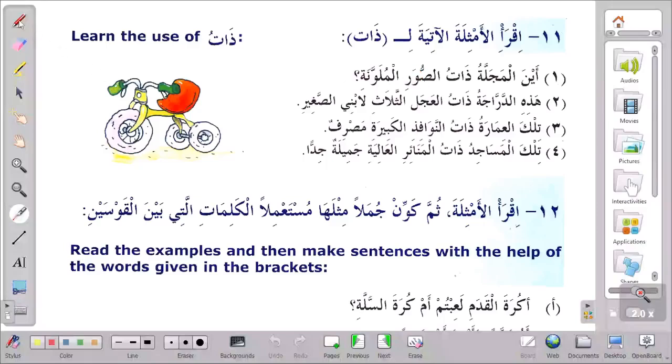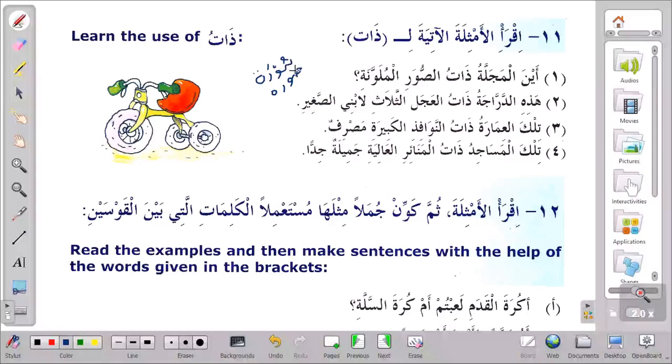The last time I told you, we have suratun, a surah of the Quran.